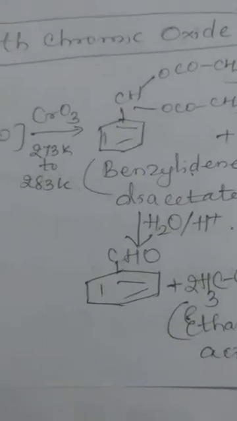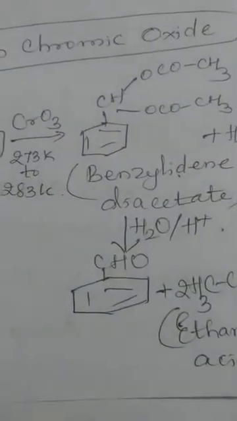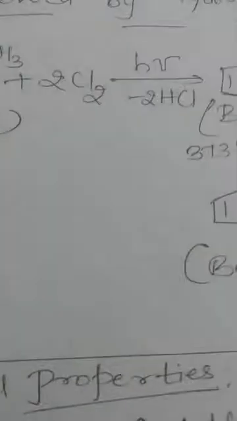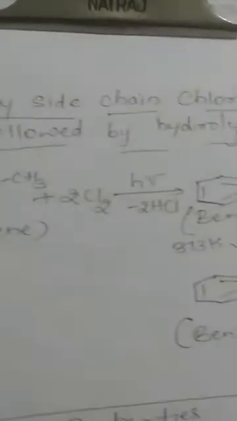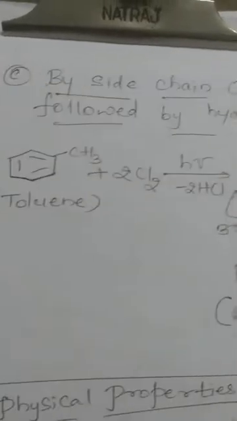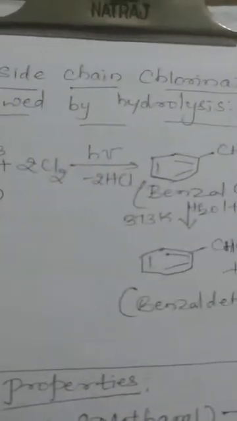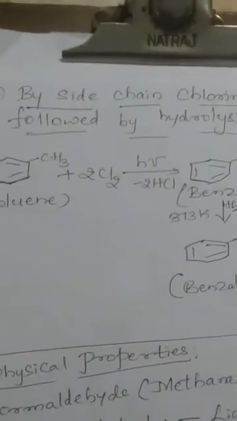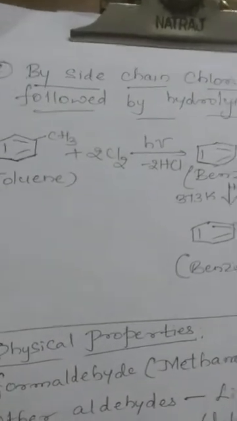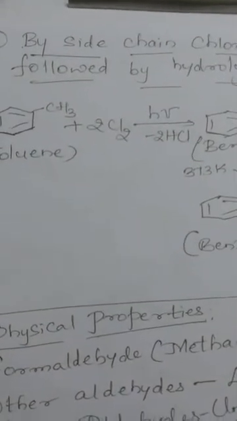And one more method, the last method of preparation from toluene, is by side chain chlorination followed by hydrolysis. Now in this method, we use chlorine for side chain chlorination.